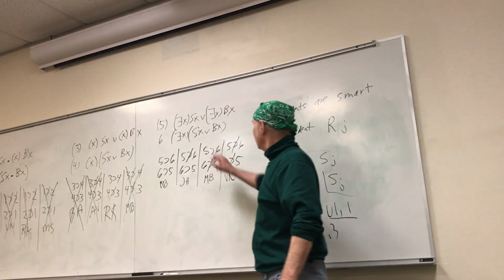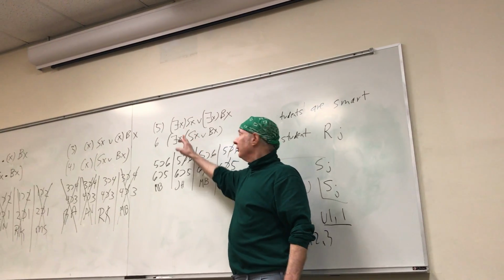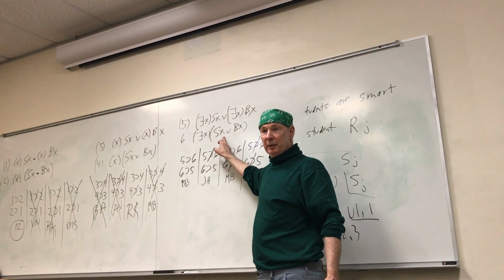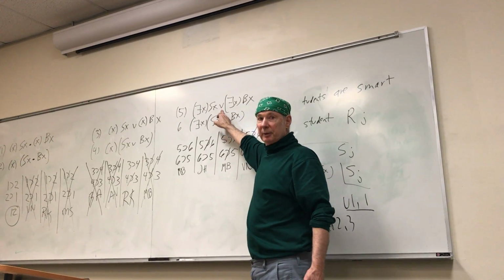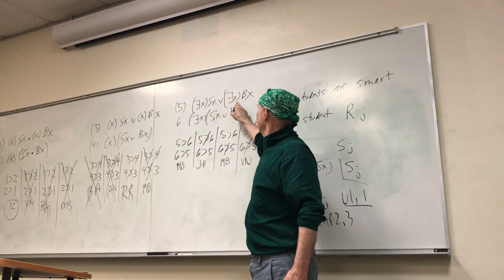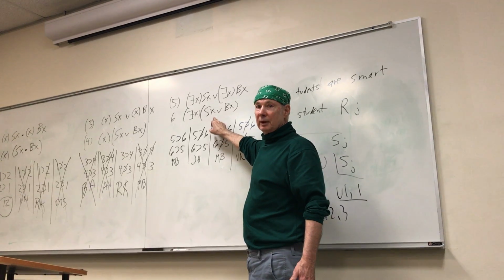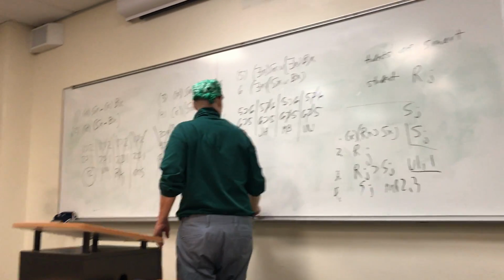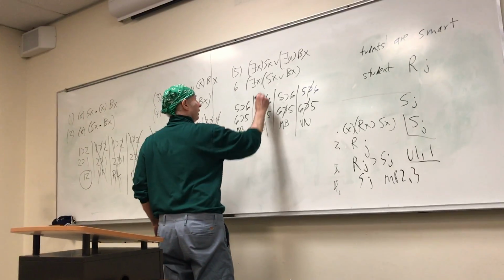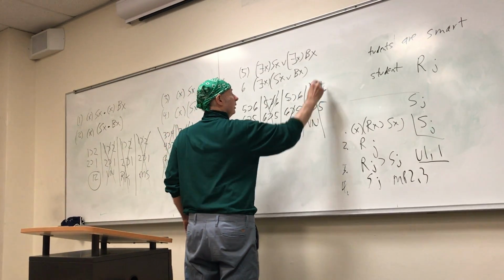If there's something that's sweet, then surely there's something that's sweet or bitter. Or the other possibility, if there's something that's bitter, there's surely something that's sweet or bitter. So 6 follows from 5, ruling out those two.